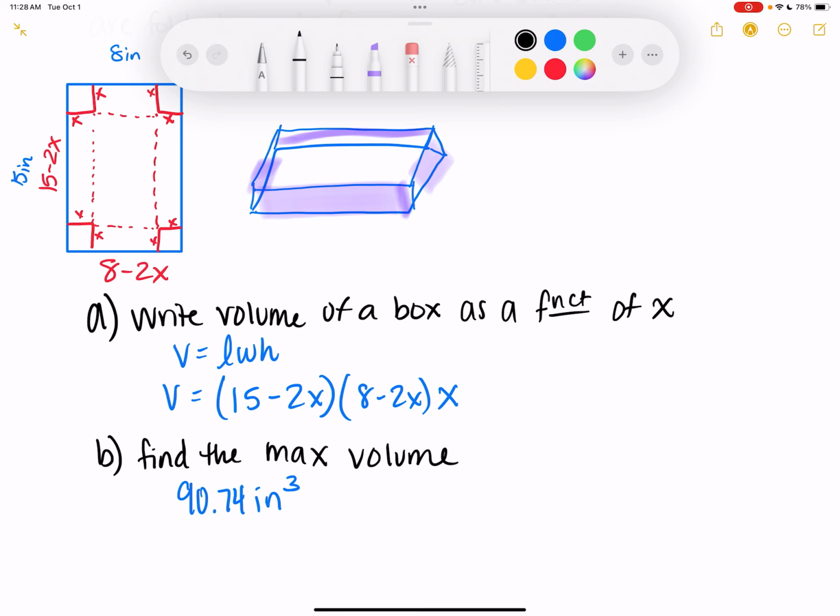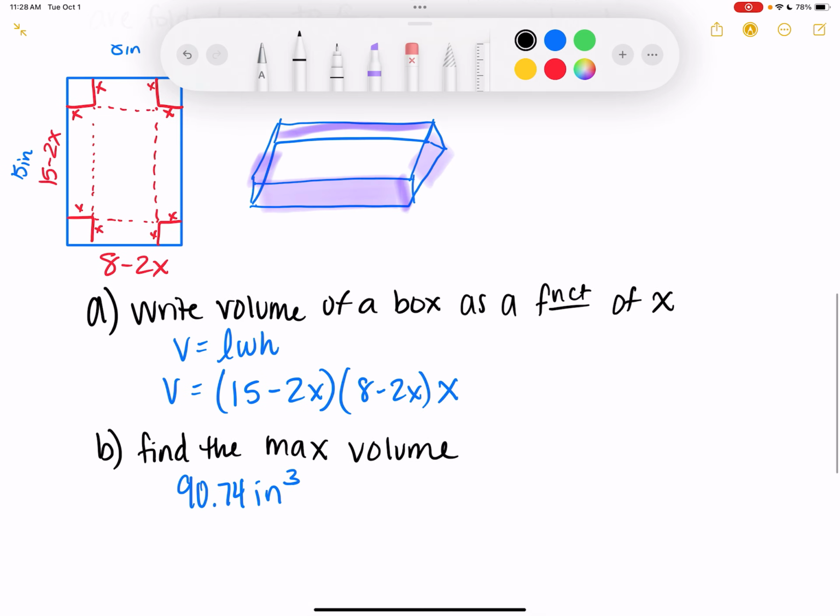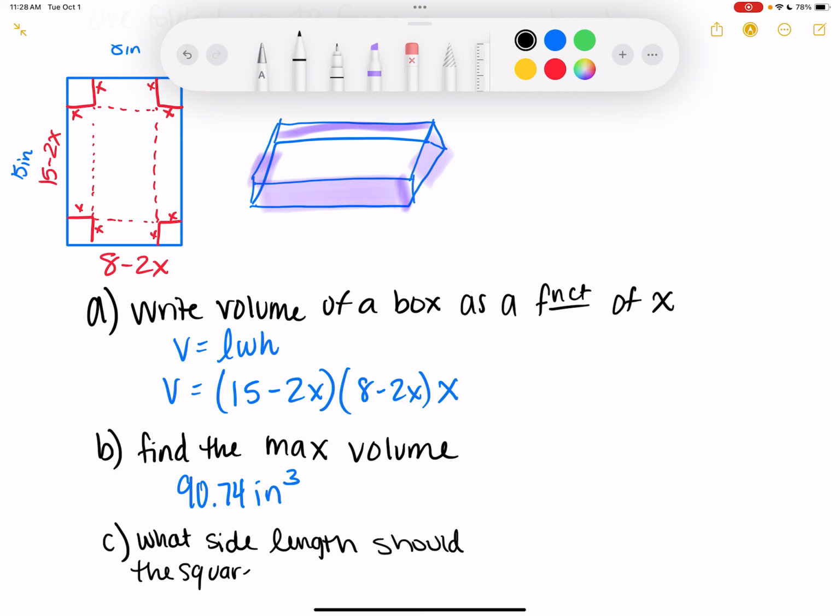Part C says, what side length should the squares have that are cut out?